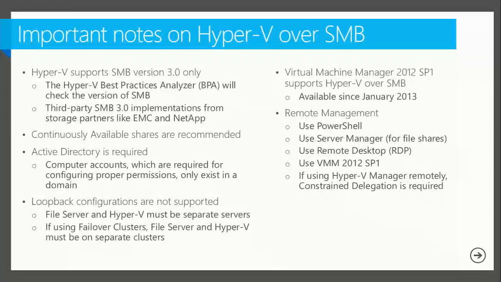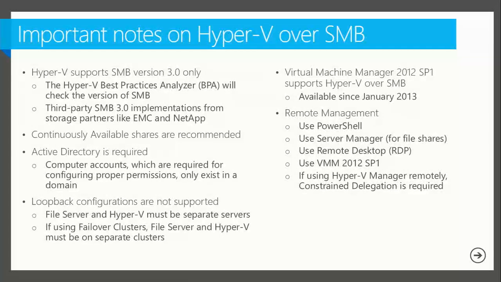In fact, so much so that the Hyper-V team has said that if you're not using SMB 3.0, you're not supported. So for the Hyper-V over SMB scenario, 3.0 is a requirement. Okay? That means 2012 on the server, and 2012 on the file side, or a third-party SMB implementation that implements 3.0. Okay?